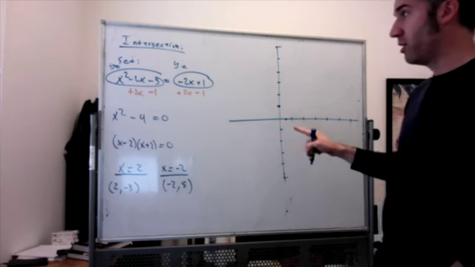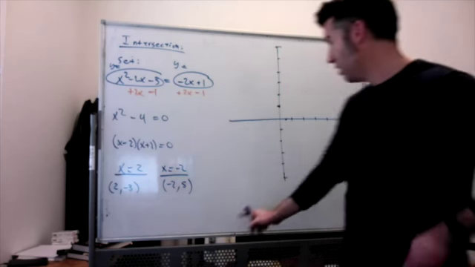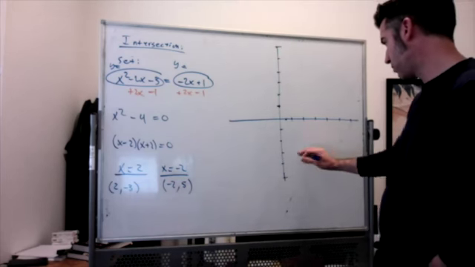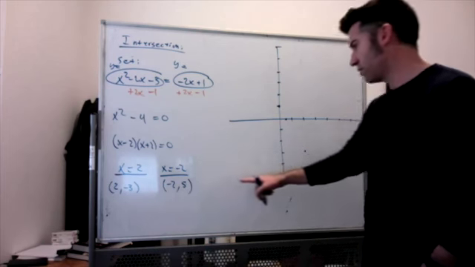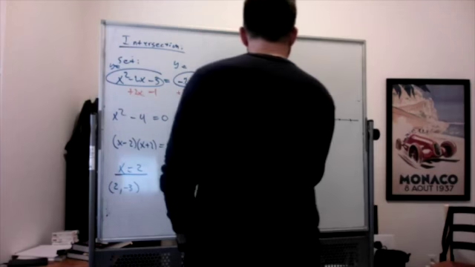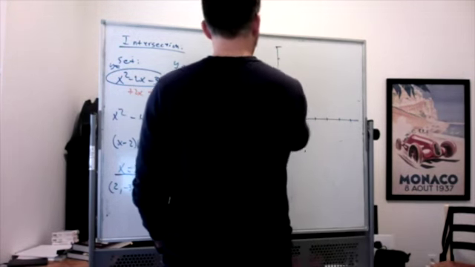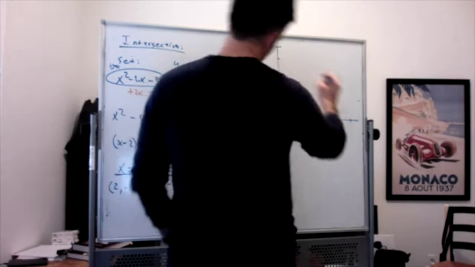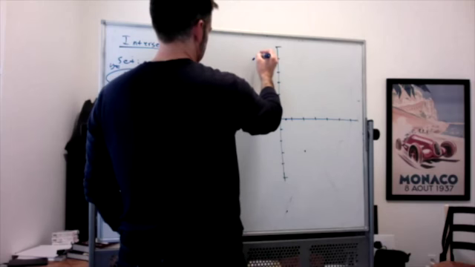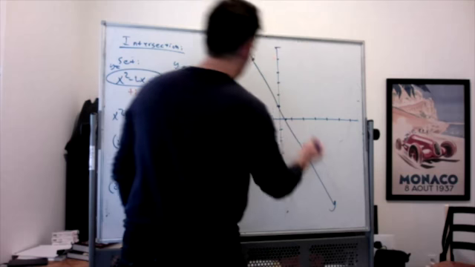We also know that we have these points of intersection, so we should probably try and graph those as well. We got the point 2, negative 3, and the point negative 2, 5. One, two, three, four, 5. And there should be a straight line. So if it's not a straight line, try and fix it so it is. Sure, that's pretty good.